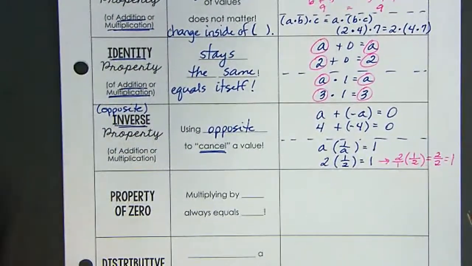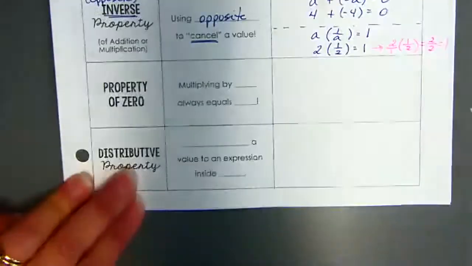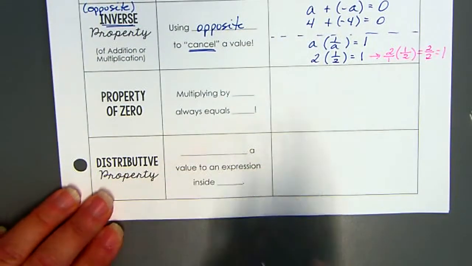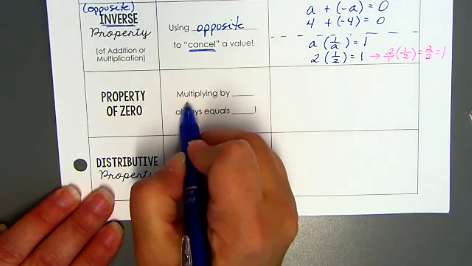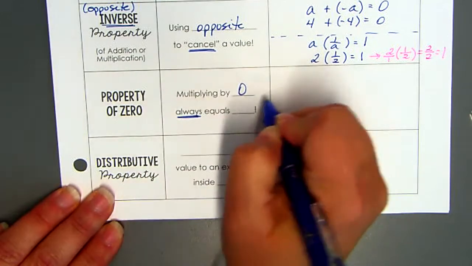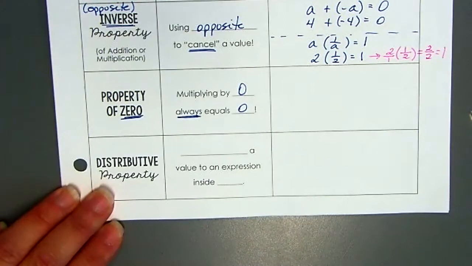All right, next we have the property of 0. We're almost done, guys. The property of 0. You multiply by 0, it always equals 0. Keyword, property of 0.